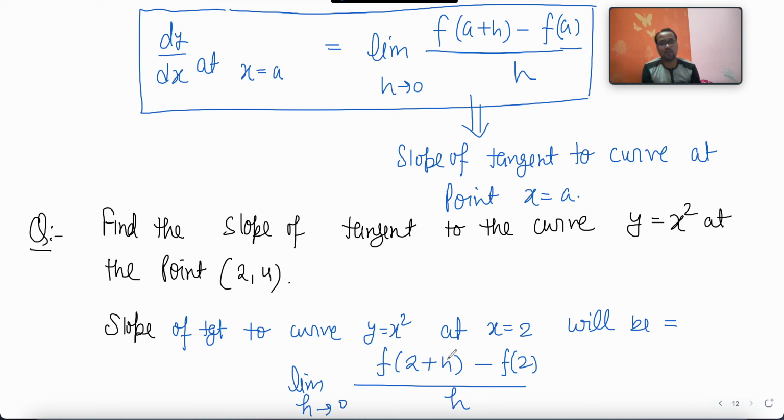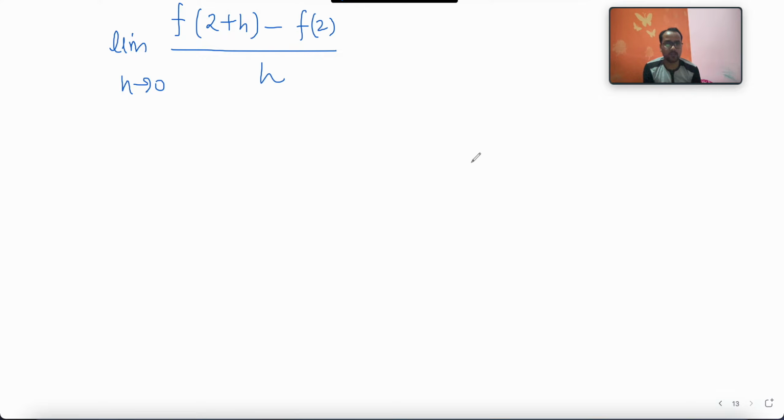Now we will evaluate this limit and we will obtain the slope of the tangent. So now let me write this limit once again. Limit h tends to 0, f of 2 plus h minus f of 2 upon h. What is f of x? You know, y equal to x square was given. If you compare it with y equal to f of x, you will get that f of x is x square.